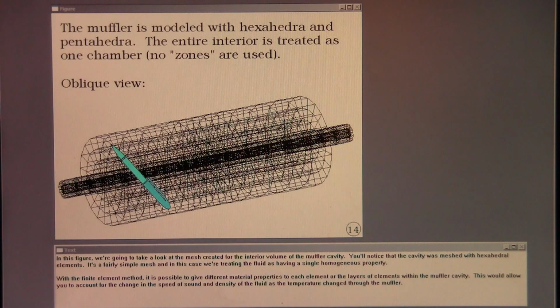With the finite element method, it is possible to give different material properties to each element or layers of elements within the muffler cavity. This would allow you to account for the change in speed of sound and density of the fluid as the temperature changed through the muffler.